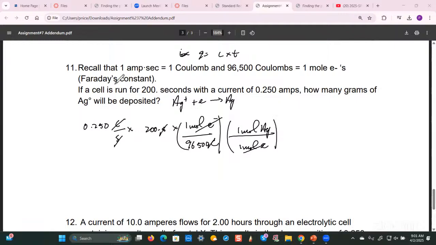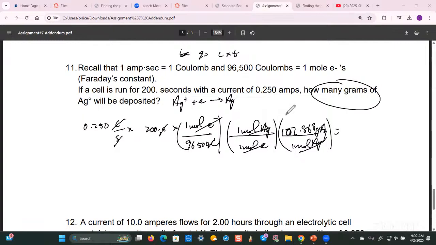The next step, because the question is asking for how many grams of silver, we need the molar mass of silver. What's the molar mass of silver? Can somebody look it up for me, please? 107.868 grams per mole of silver, and that's it. Moles of silver will cancel out. So let's see what this gives: 0.25 times 200 divided by 96500 times 107.868.